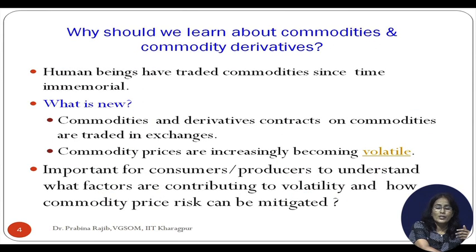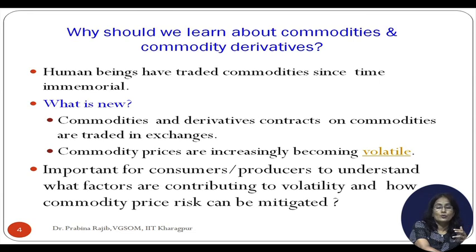Now the next question is, why should we learn about commodities or commodity derivatives at this point of time? Human beings have traded commodities since the beginning of mankind. What is so new about commodity trading?